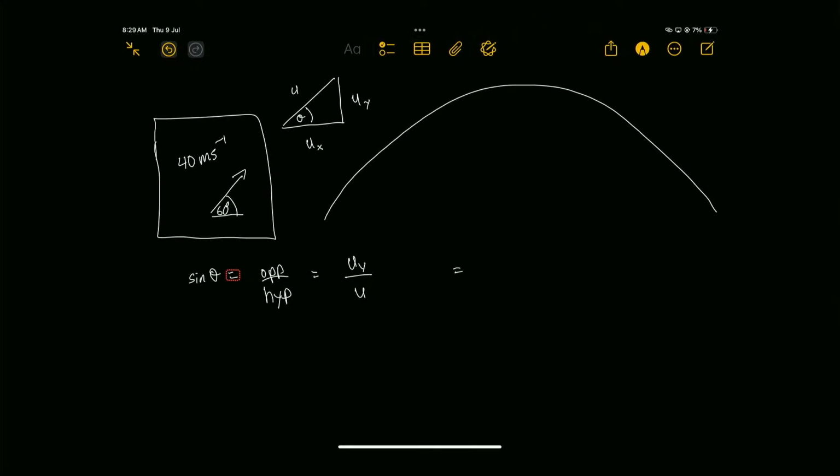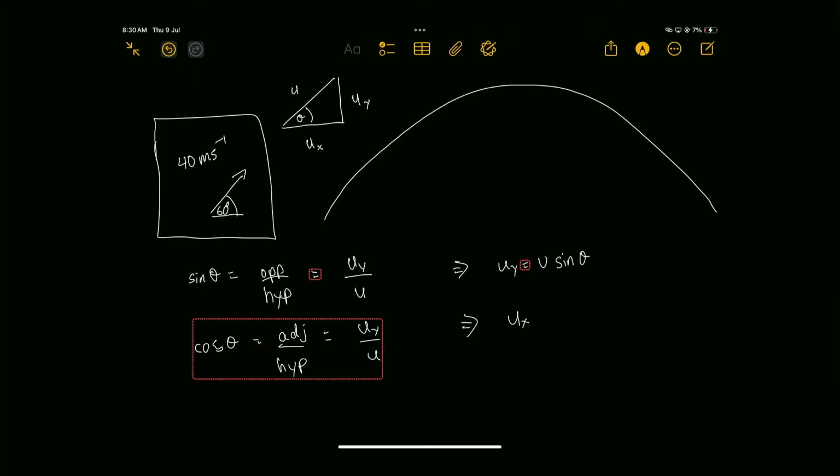Therefore we have uy is equal to u times sine theta. We also see that cos of theta is equal to the adjacent over the hypotenuse, which is equal to ux over u. Therefore we see that ux is equal to u cos theta.